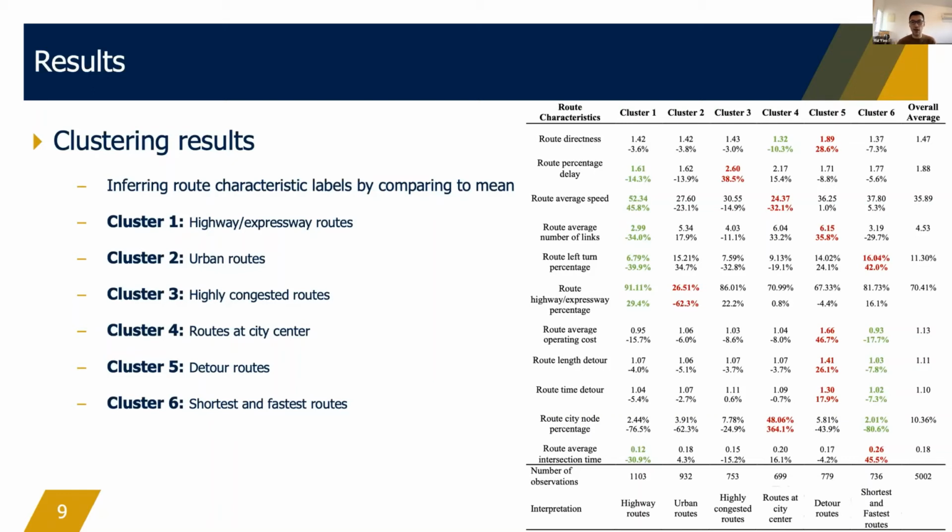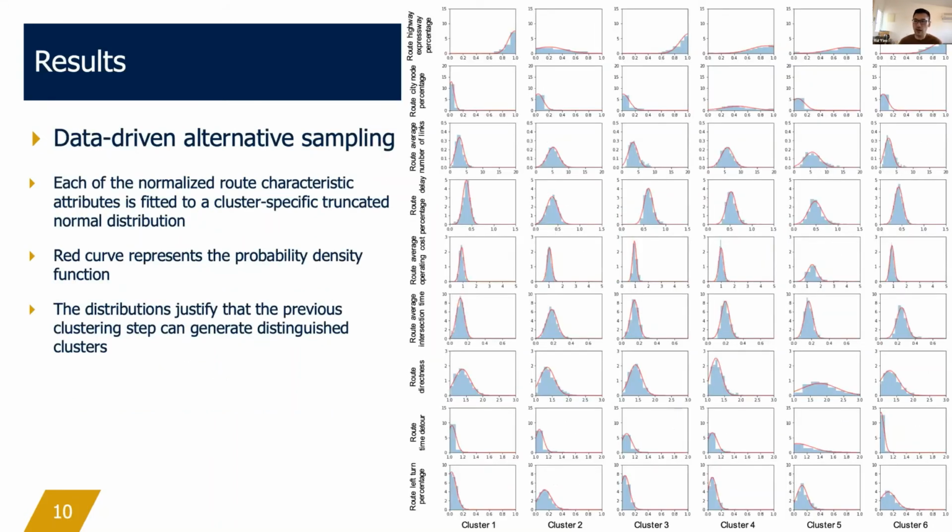As you can see here, the behavioral interpretation of the clusters is pretty clear and meaningful, which is critical to the success of the proposed data-driven method. Here we show the fitted distribution of each route heuristic attribute for all the clusters. The different distributions of the route heuristic attributes among clusters also justify that the previous clustering step can generate distinguished clusters.